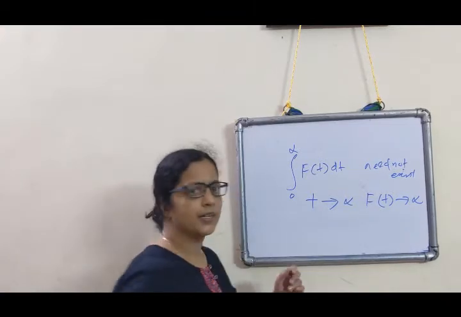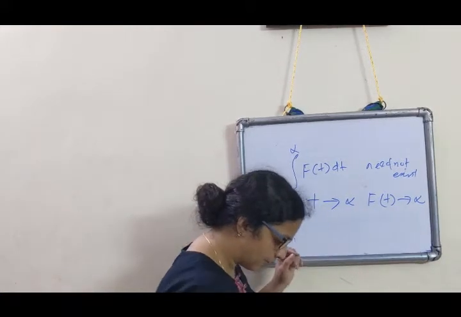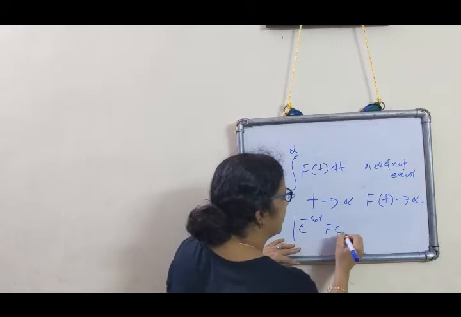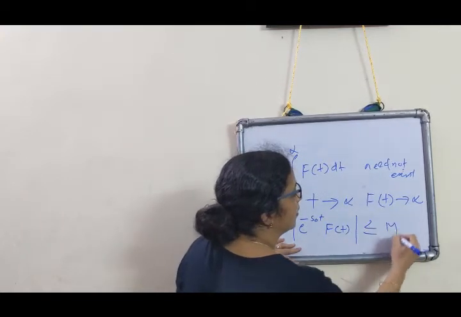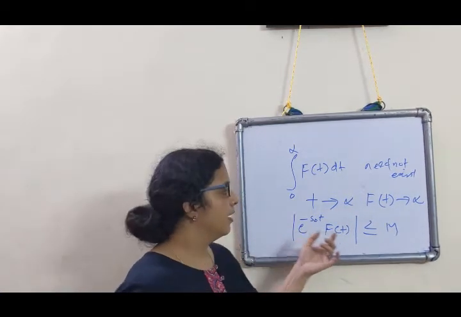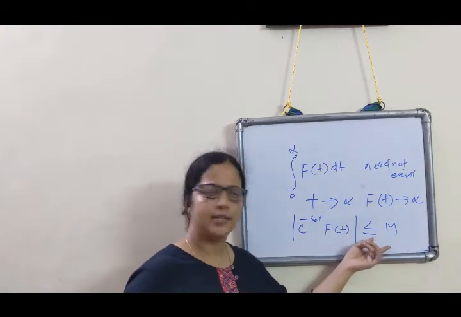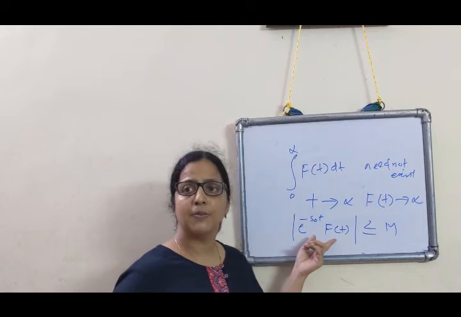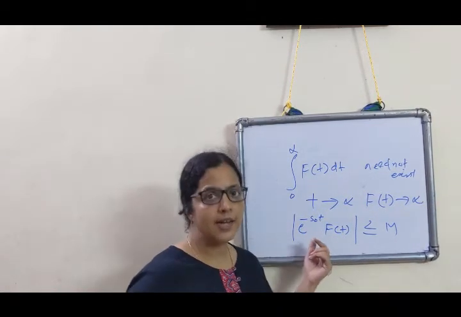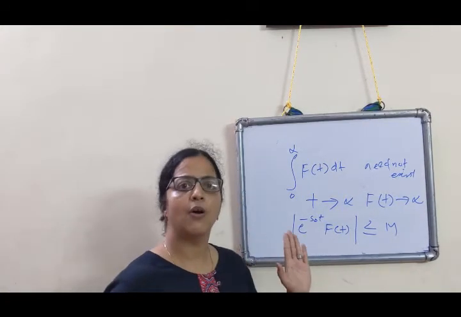So the condition for getting the Laplace transform is that the modulus of e raised to minus s0 t f of t should be less than or equal to m, where s0 is a positive number and m is a constant. If the function obeys this condition, the Laplace transform of the function f of t can be calculated for s greater than s0 only.